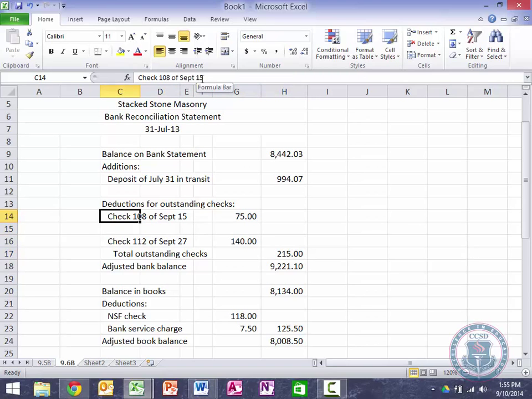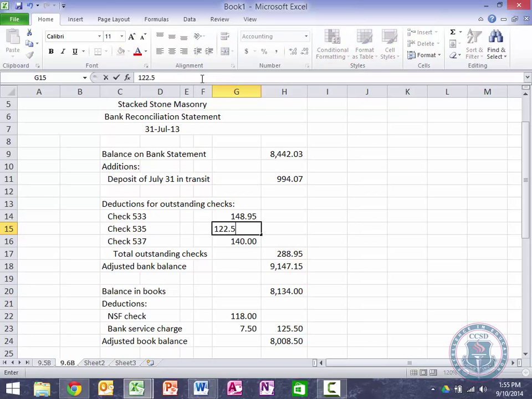So we're going to go ahead and say check number. Let's just do them in order. Is it 533? 533. Check number 535 and check number 537. Those were for respectively, what was 533? 533 was 148.95. Okay. 535? 122.50.